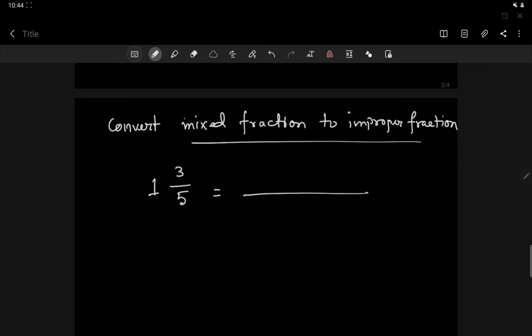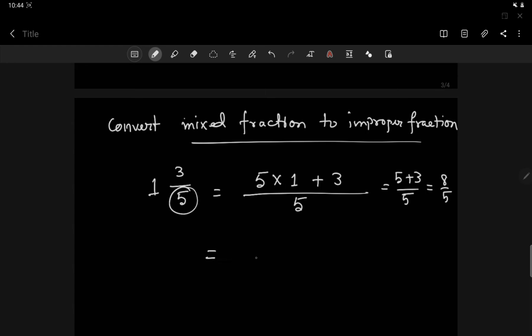Below the dividing line you write 5, and the upper portion will be 5 into 1 plus 3. So 5 ones are 5, 5 plus 3 by 5, that means 8 by 5.